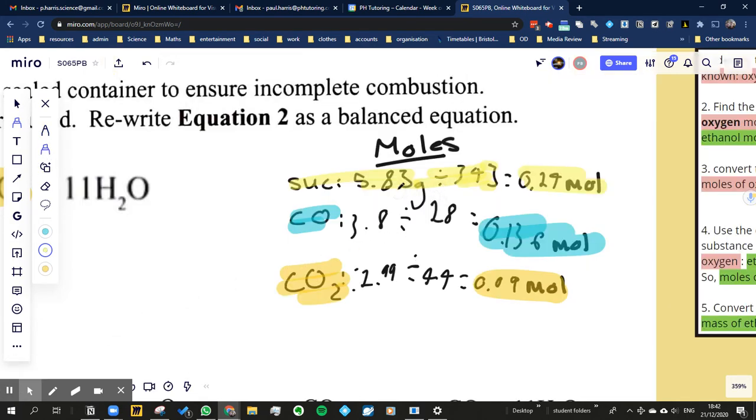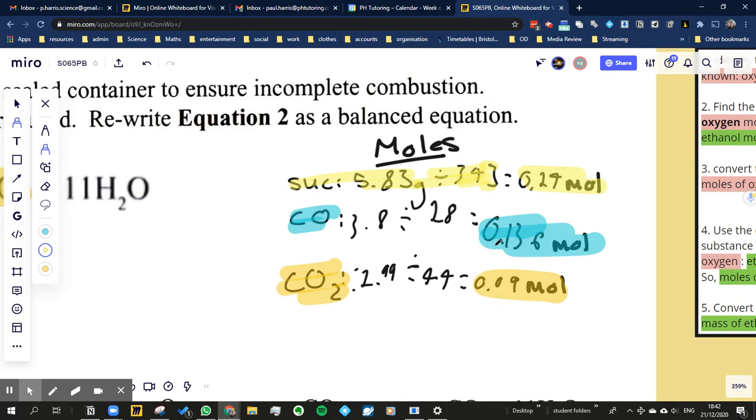So we have divided the mass by the molar mass and got 0.24 moles. And for carbon monoxide, mass divided by molar mass, 3.8 divided by 28, gives 0.136 moles, and the same for carbon dioxide, 2.99 divided by 44, mass divided by molar mass, 0.09 moles.